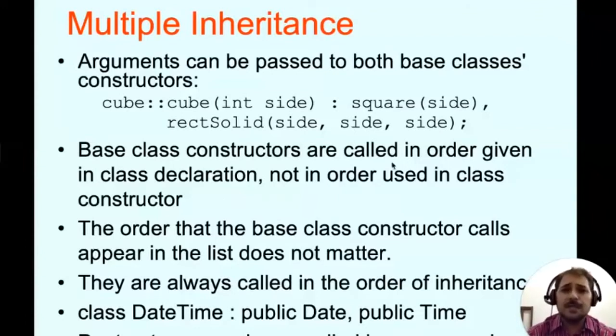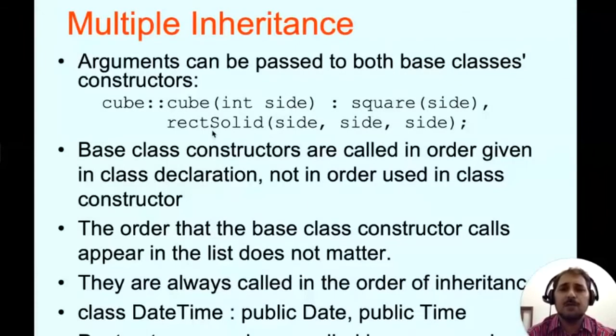Base class constructors are called in the order of the class declaration. So here the cube constructor is calling square first and then rect solid. But the order in which the constructor is written is actually not necessary. The order of calling the parent class constructors is based on the inheritance order, how you have inherited. If you have inherited first from square and then from rect solid, the order will be like that.